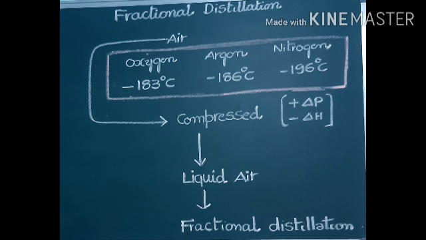Here nitrogen has the lowest boiling point, so it comes out first, next argon, and finally we get liquid oxygen. So this is fractional distillation, a separation of components of air.